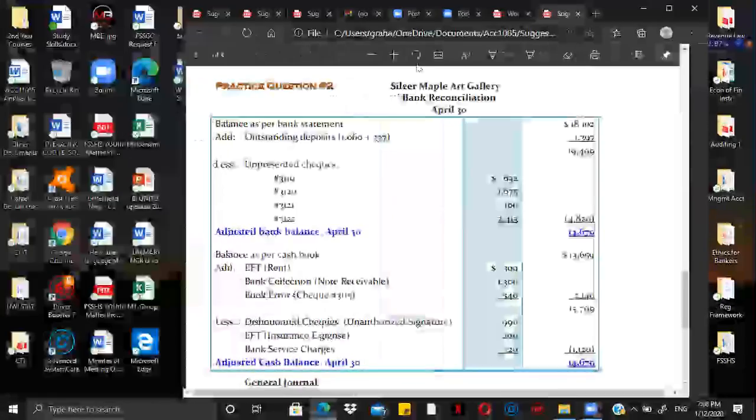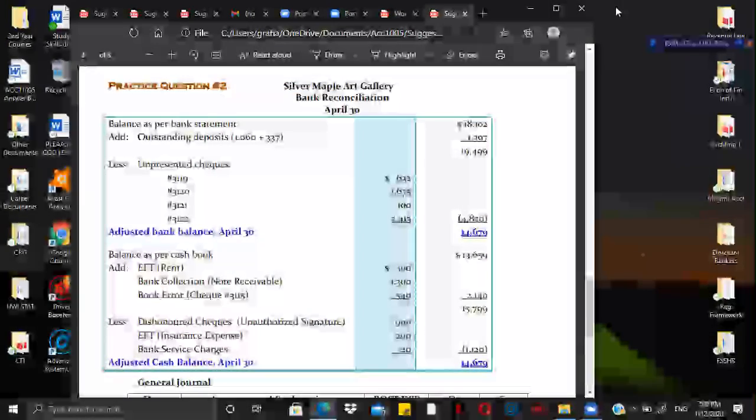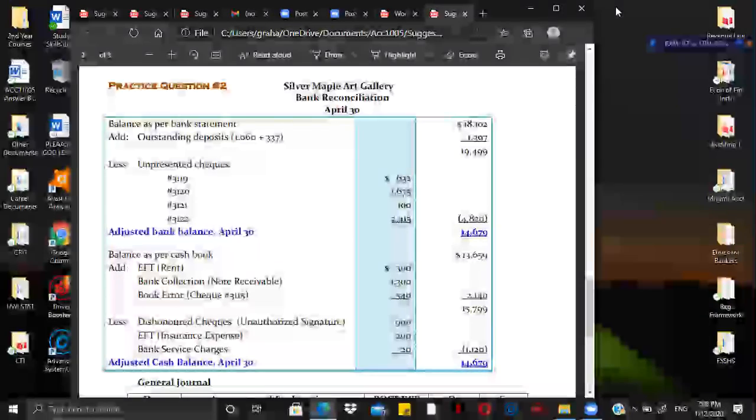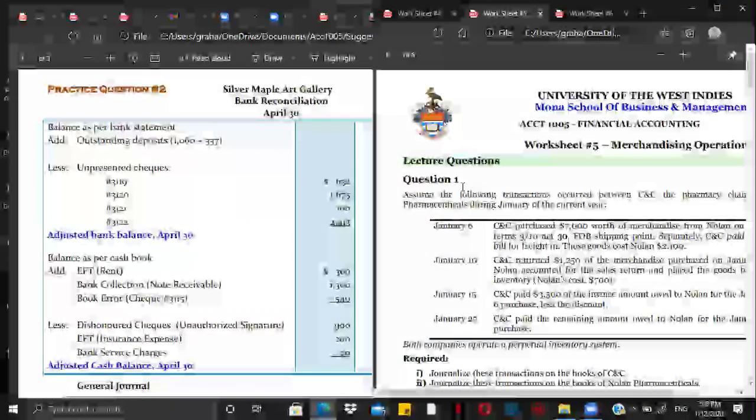So accounts receivable minus the allowance for bad debt, this would be the net accounts receivable, which is the figure that you use when you're doing your balance sheet. So that is basically a receivables question.